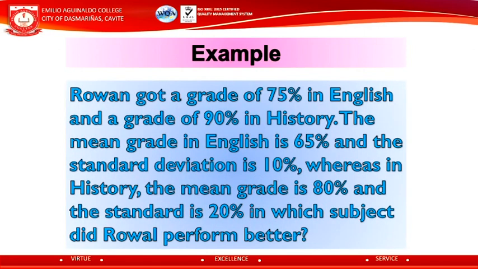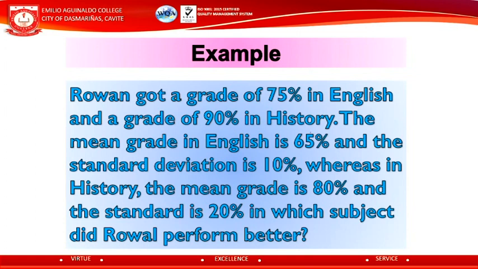Okay, now let us have an example. Rowan got a grade of 75% in English and a grade of 90% in history. The mean grade in English is 65% and the standard deviation is 10%. Whereas in history, the mean grade is 80% and the standard deviation is 20%. In which subject did Rowan perform better?